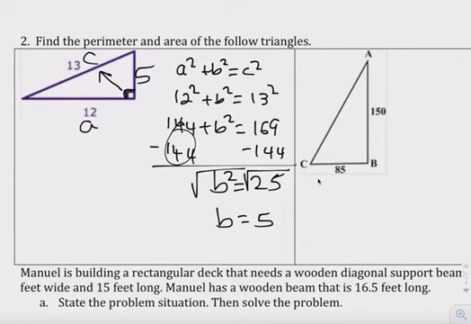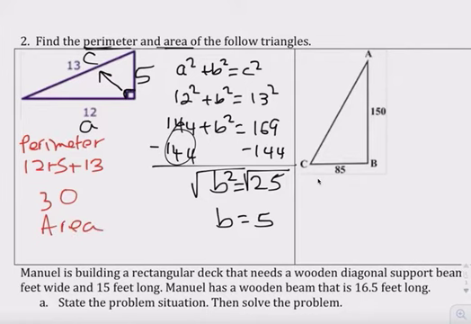Okay, and then they ask for perimeter and area. Now we can find perimeter. Perimeter is 12 plus 5 plus 13. 35, right? No. 25, 30. Perimeter is 30. Area is 1/2 base times height.